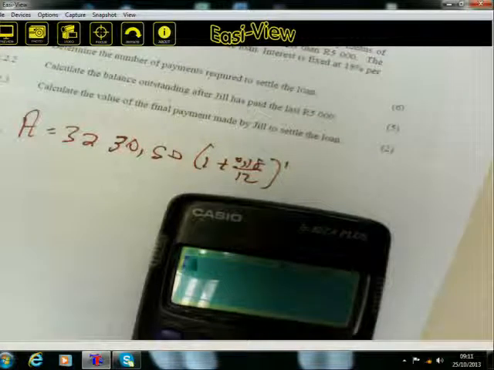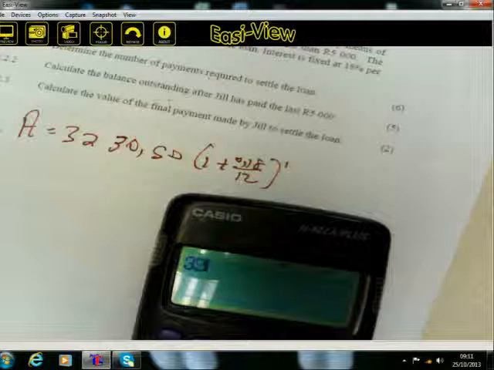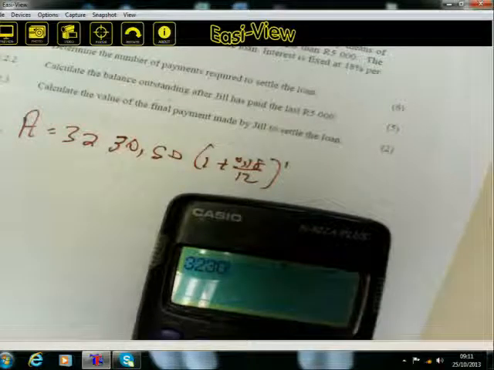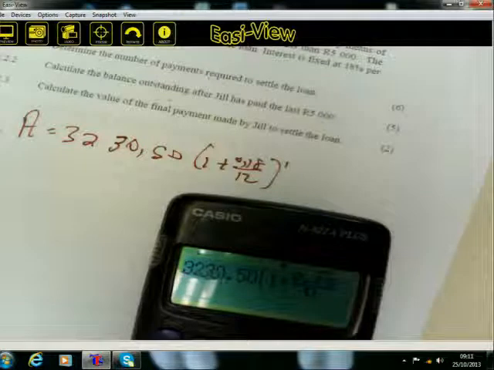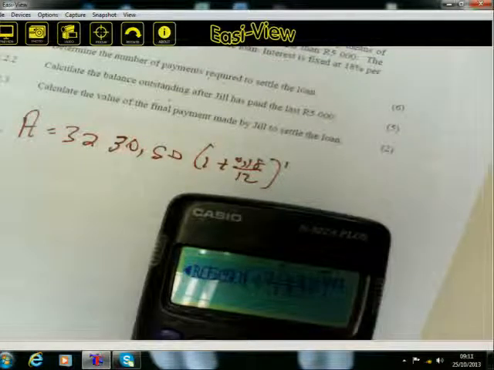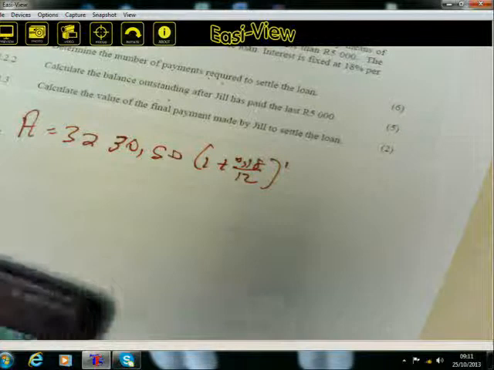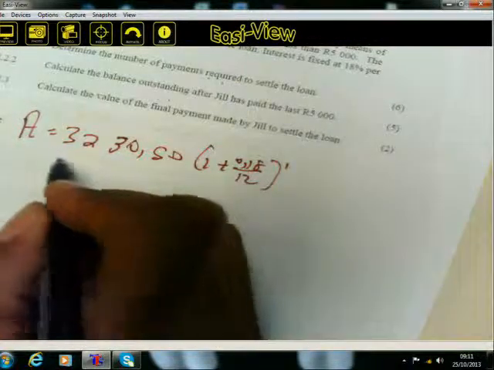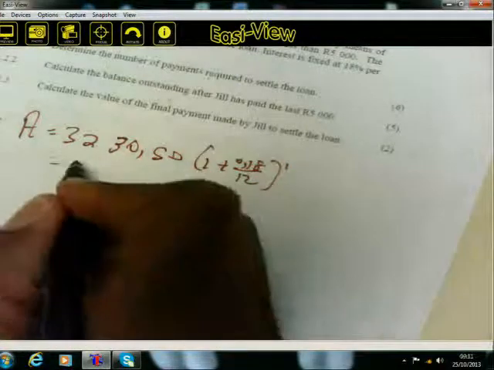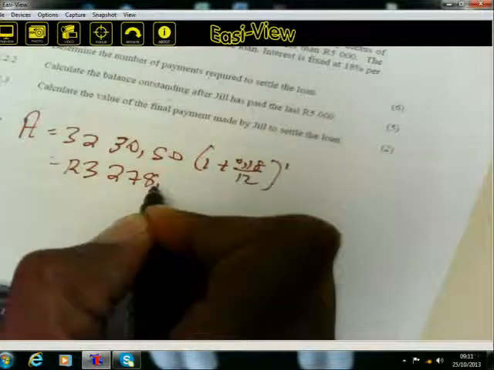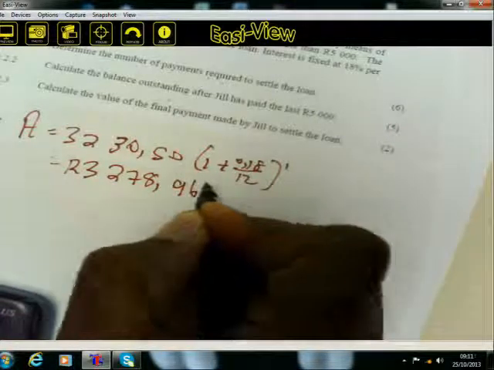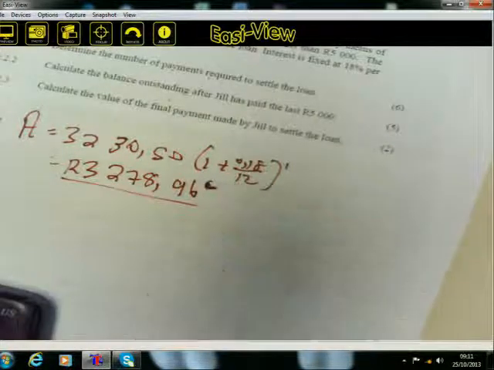You take 3,230 rand 50, and then this one will be 1 plus 0.18 divided by 12, and then your answer there, exponent 1. It means the final payment will be 3,278 rand 96 cent.